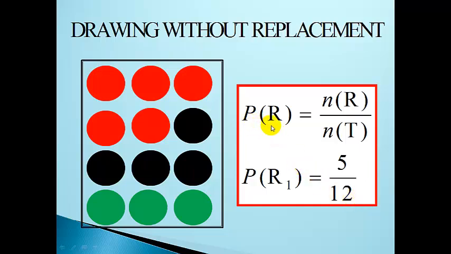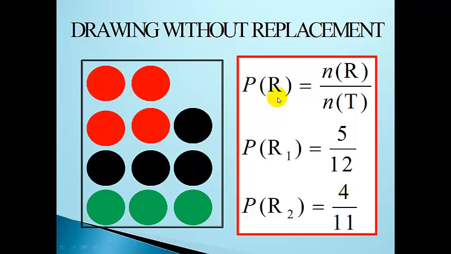Probability of red balls will be the number of red balls over the total number of balls. So probability of R1 is equal to 5 over 12. R1 means the first ball we are taking is red. And because the number of red balls is 5, the answer is 5 over 12.